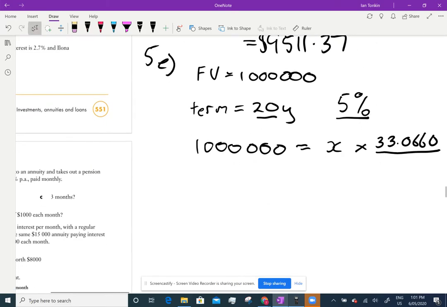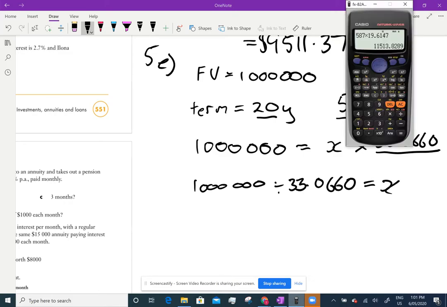Well, to find X, I just divide it. So it's 1 million divided by 33.0660. That's my X.